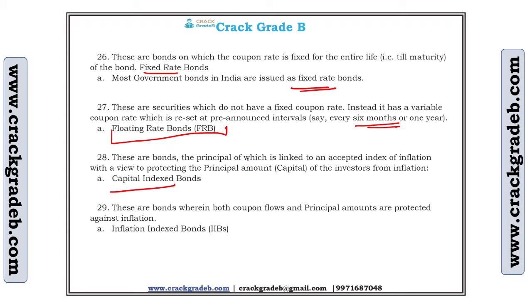These are bonds, the principal of which is linked to an accepted index of inflation with a view to protecting the principal amount, the capital of the investor, from inflation. These are called capital indexed bonds. Then inflation indexed bond. These are bonds wherein both coupon flows and the principal amount are protected against inflation. So these are inflation indexed bonds.